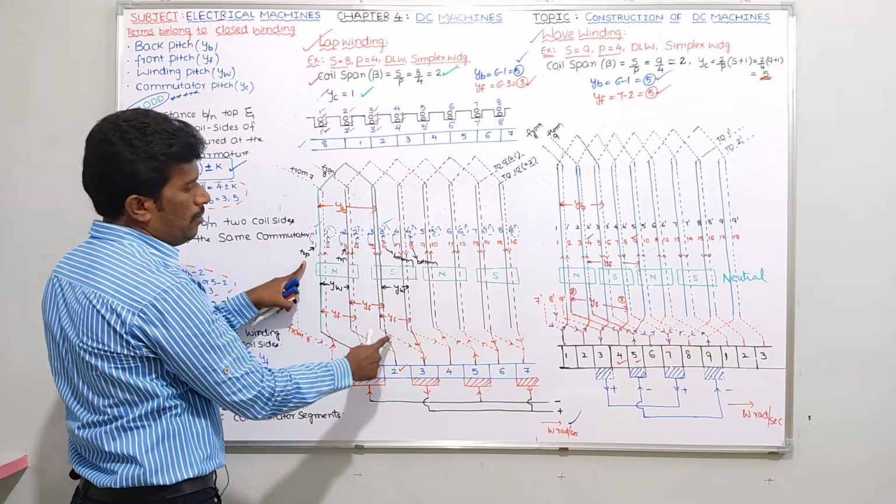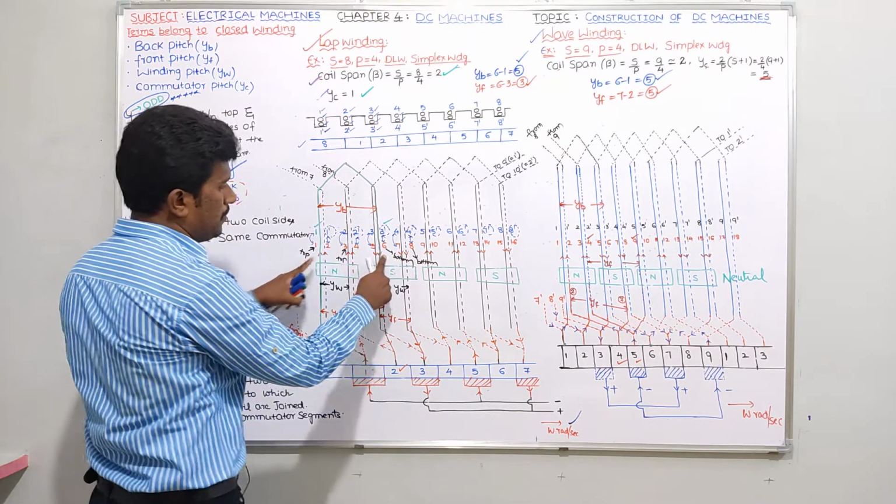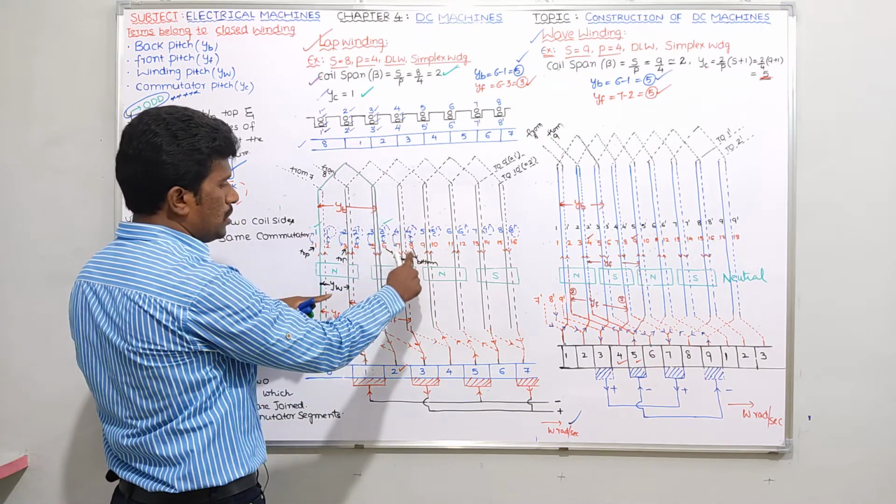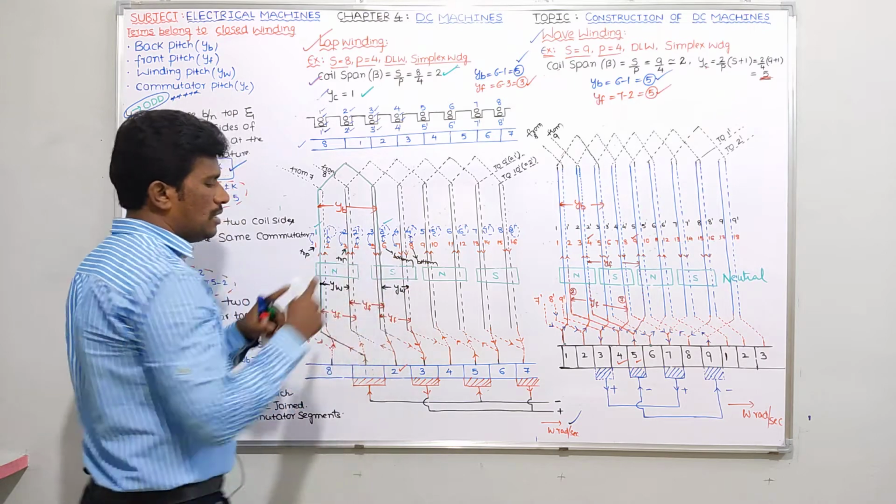First coil bottom is 6, second coil bottom is 8, so 8 minus 6 is also YW.